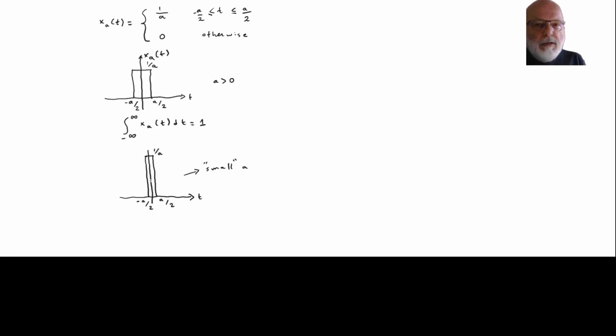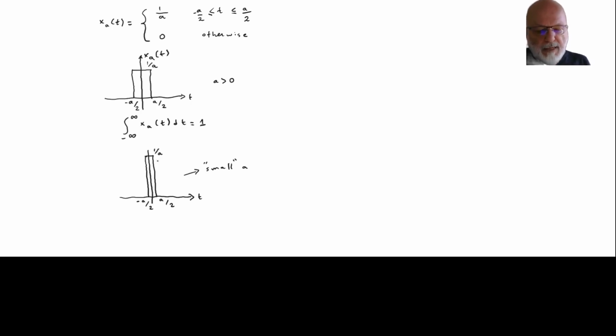And we are going to claim that in the limit as a tends to 0, this rectangular pulse will tend to a rather peculiar signal with 0 duration and infinite magnitude, located at t equal to 0. The magnitude will be equal to infinity, which is quite meaningless.